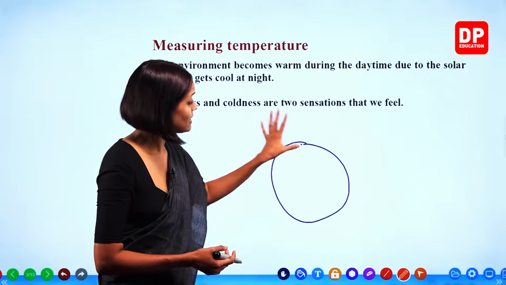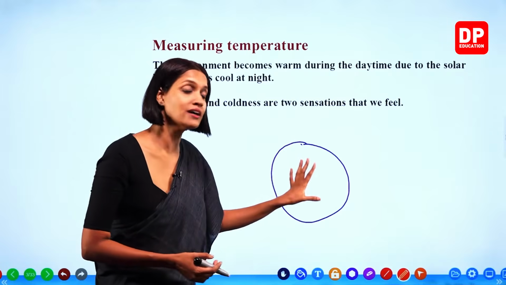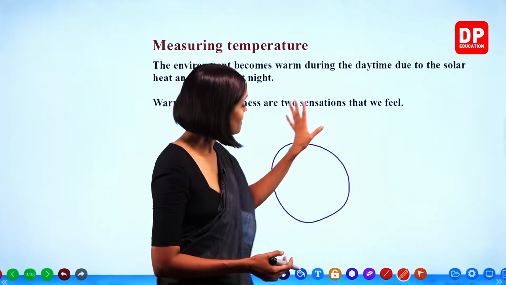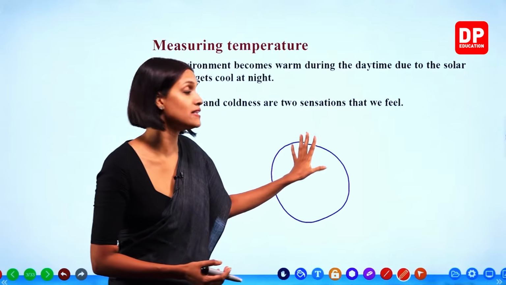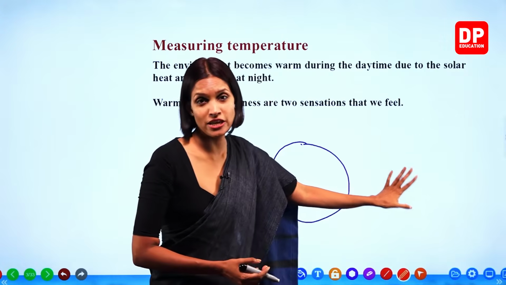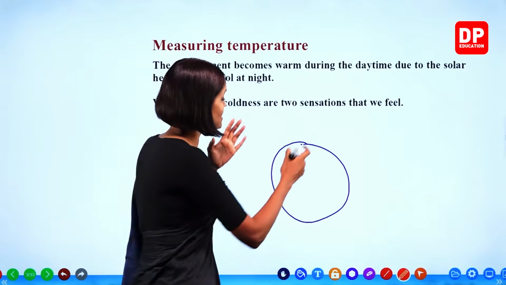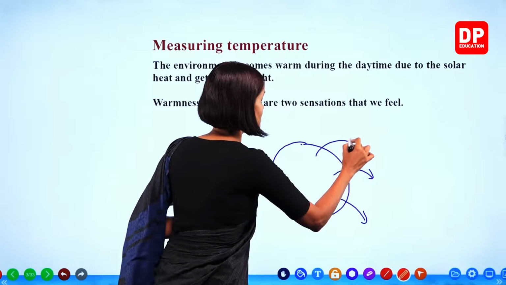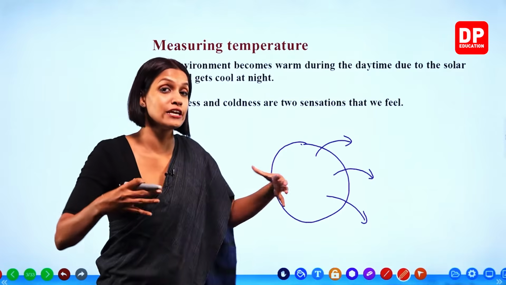Now this rock is already warmed up, therefore what happens? At one time, its temperature is higher than the temperature of the atmosphere. In that case, this heat is given out to the environment. So this rock releases its heat.